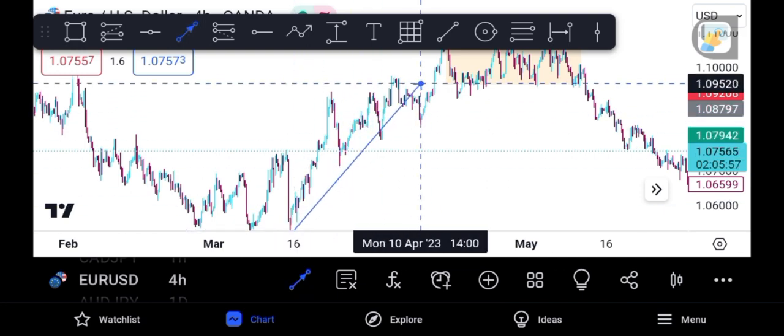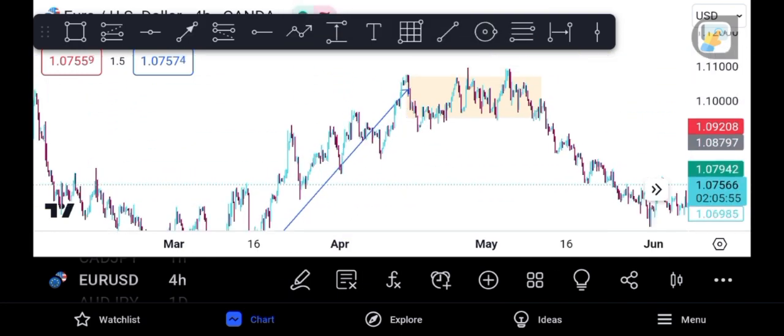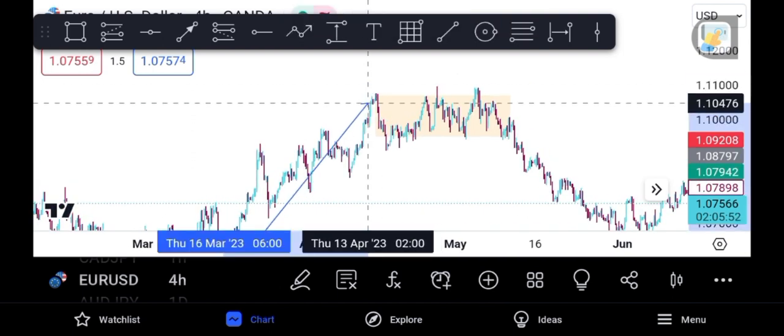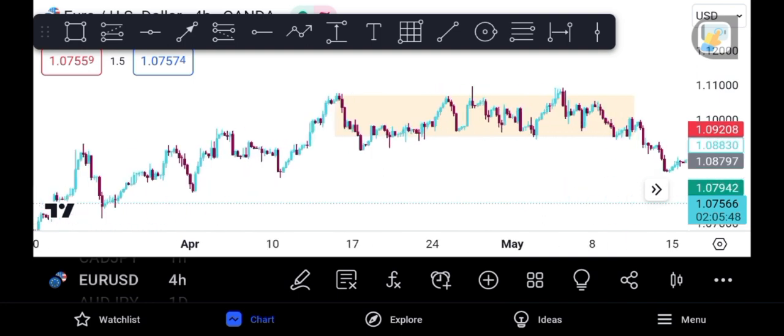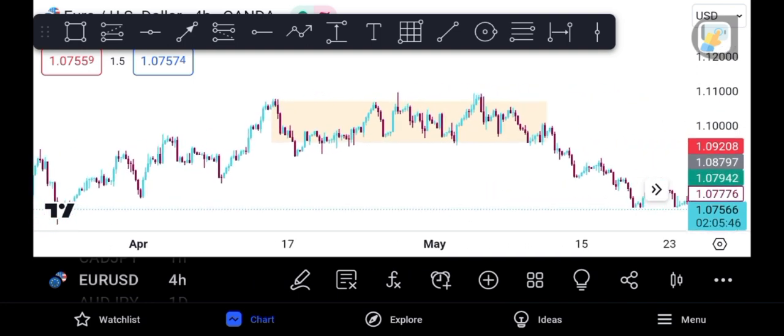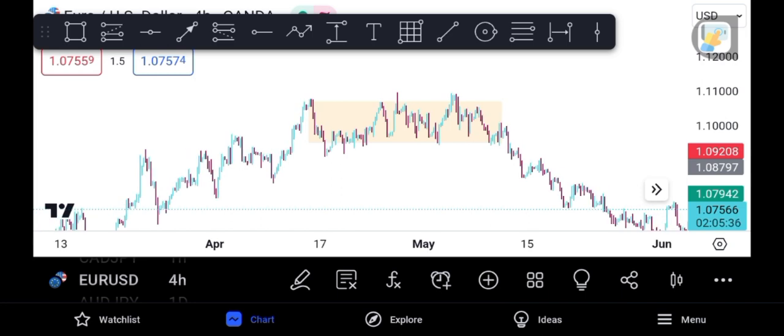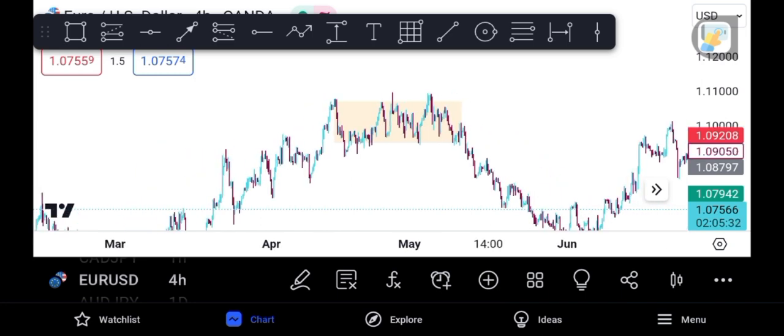But once it gets to this point here, it started consolidating, and there is no clear direction of where it's going. Either it will continue to the upside or it will break structure to the downside. So these are the three main market structures that we have in the market.